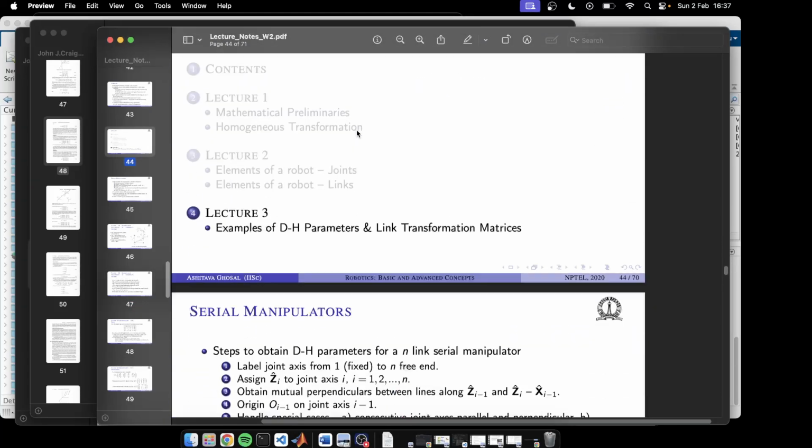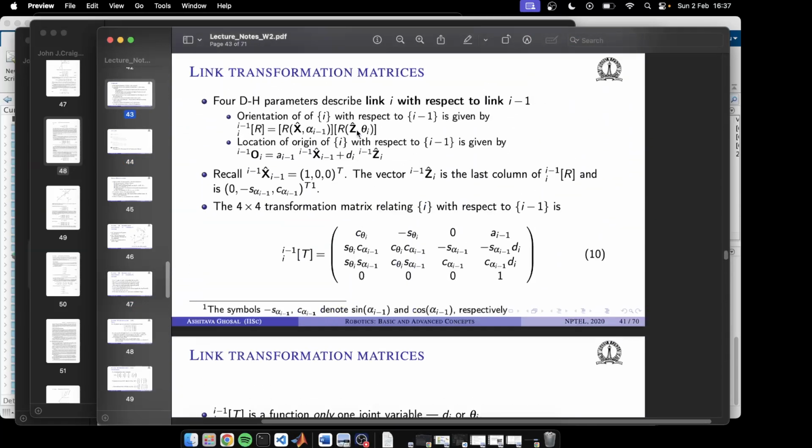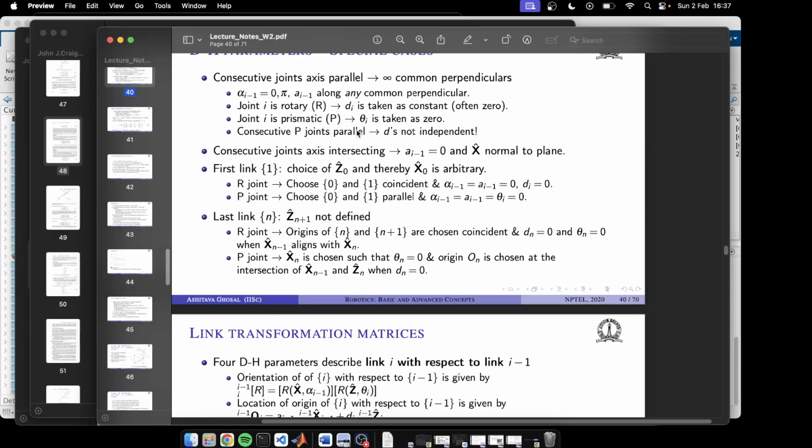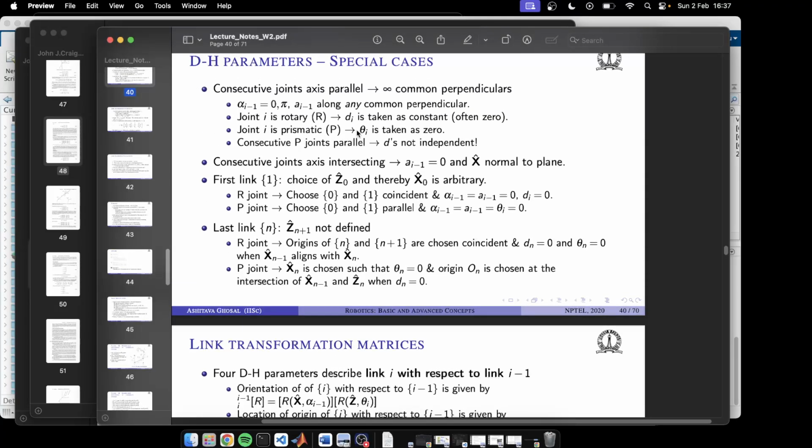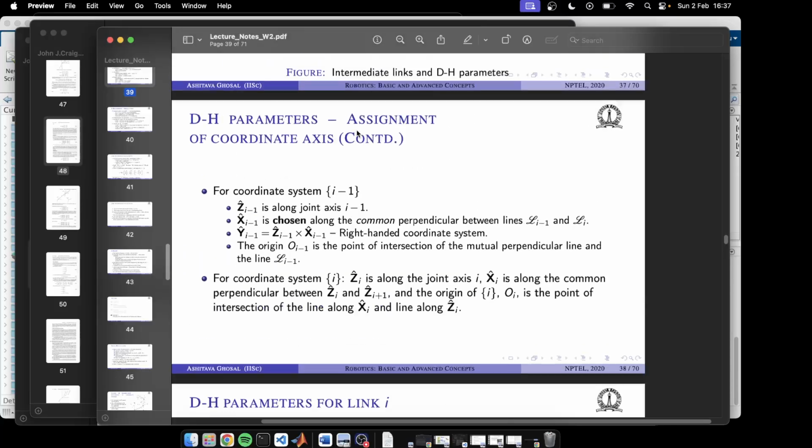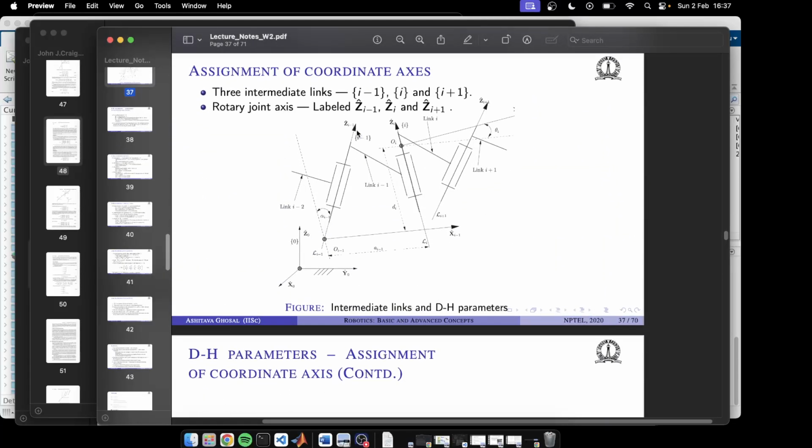So DH parameters are basically used to describe the link transformations. So basically, they give us the parameters which can be used to write the transformation matrices from one link to another link and write them easily.